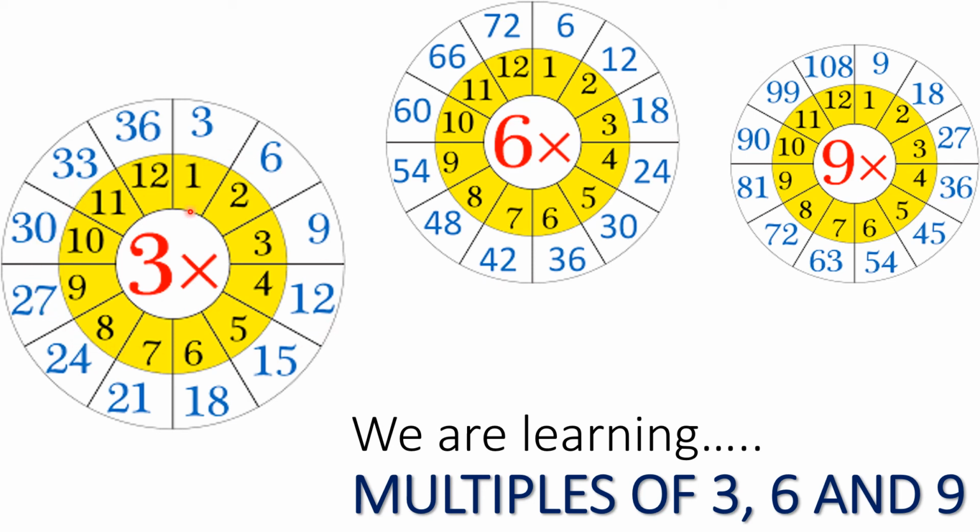For example, 3 multiplied by 1 is 3, and 6 multiplied by 1 is 6. 6 is double of what? 3. 12 is double of 6. 18 is double of 9. 24 is double of 12.